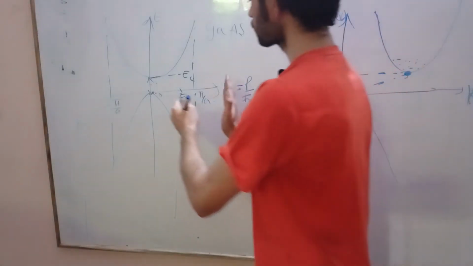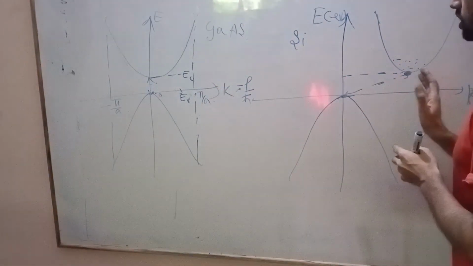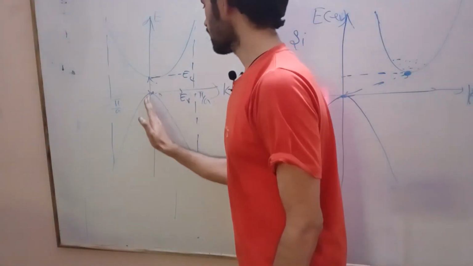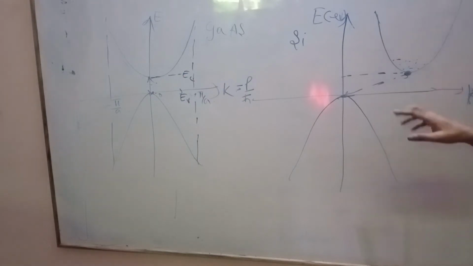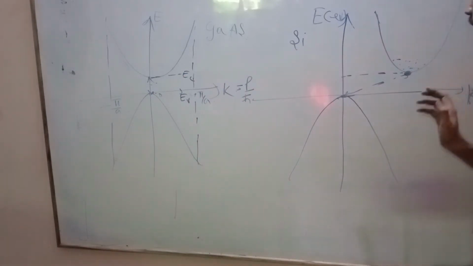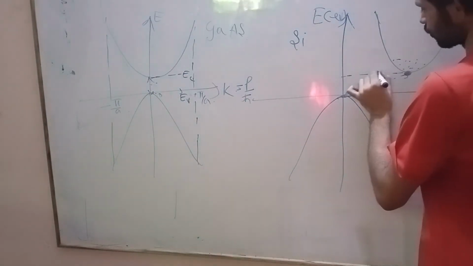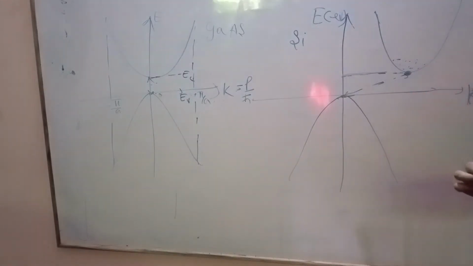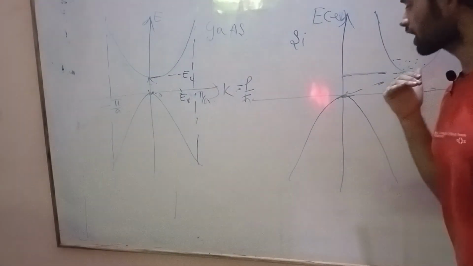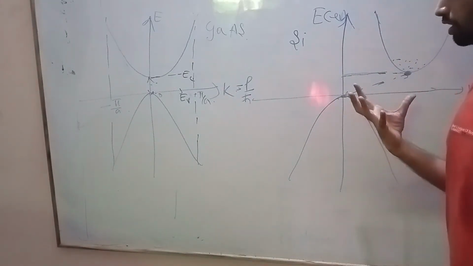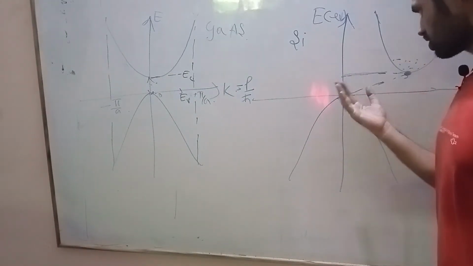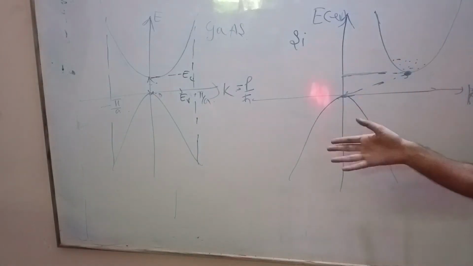In gallium arsenide both energy and momentum are conserved, but here both are not conserved, because for however much distance this electron has to move, that much energy it must consume or dissipate in the form of heat.